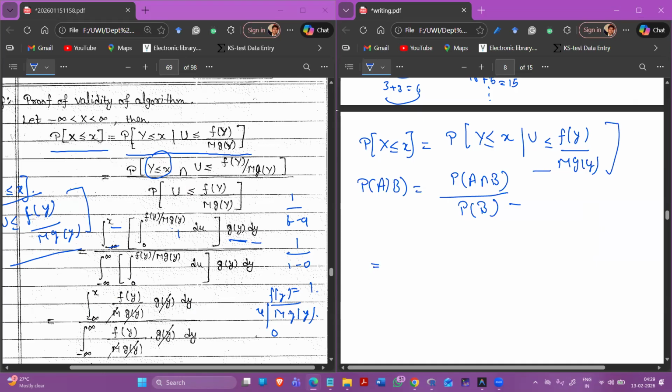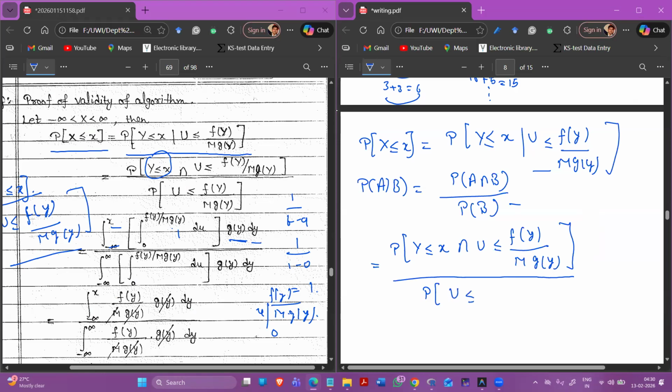It will become the probability y less than or equal to x intersection u less than or equal to f(y) divided by M g(y), divided by the probability u is less than or equal to f(y) divided by M g(y).